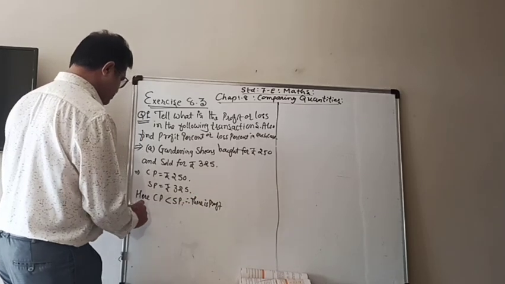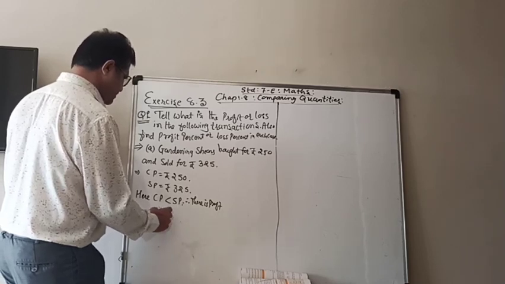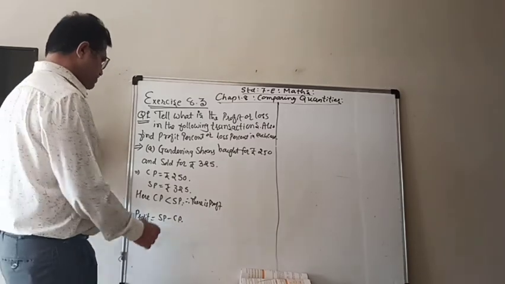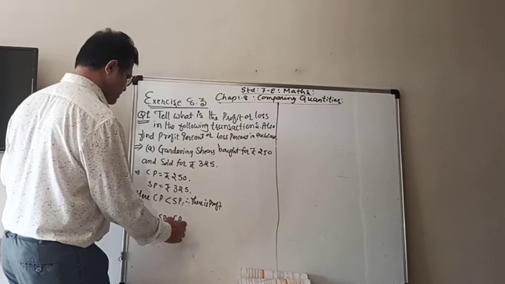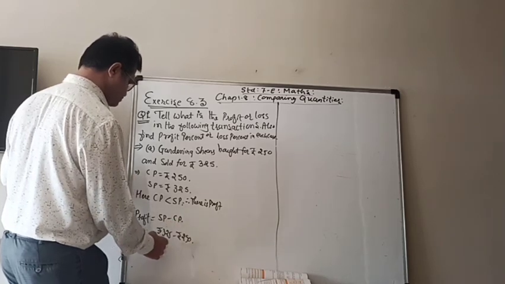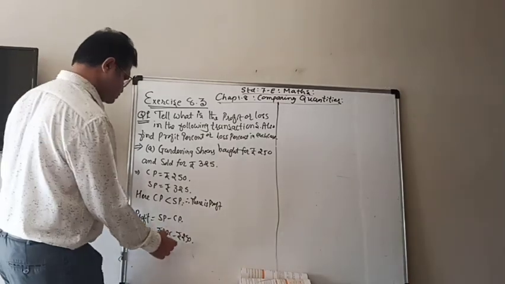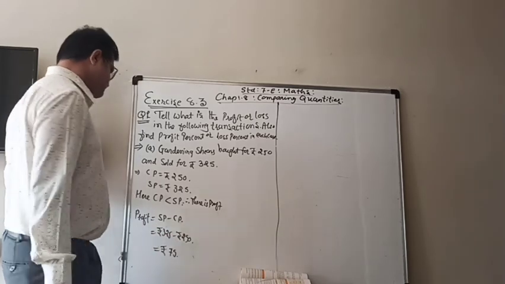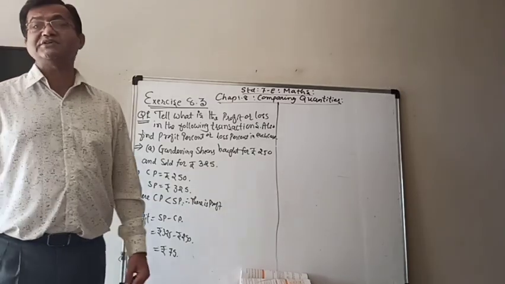So now profit is equal to, we know the formula, SP minus CP. Means 325 rupees minus rupees 250. So what will be the profit here? Rupees 75. So 75 rupees is the profit.